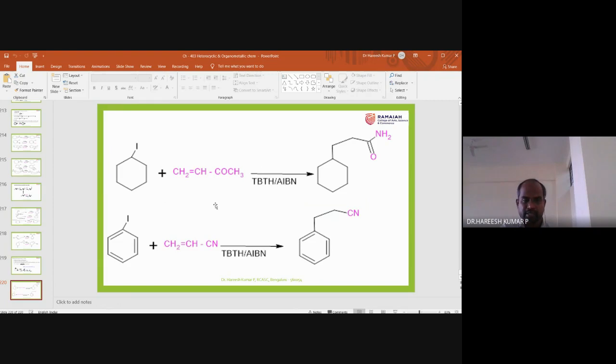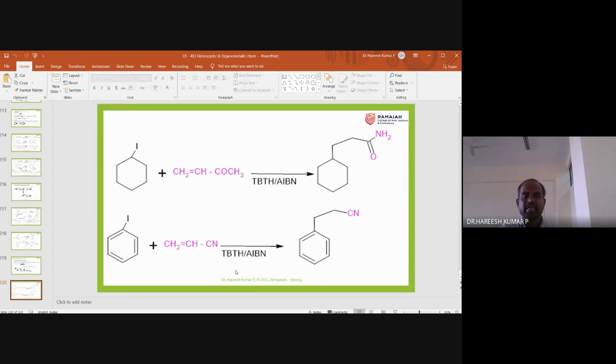You can write the mechanism. But here I am taking an aryl halide. This is the aryl group. So this aryl halide, when it is treated with acrylonitrile, the name of this compound is acrylonitrile. And then what is the name of this compound? Is it acrylamide? It's not an acrylamide. It's an acryl methyl ketone. Of course, you can also say vinyl methyl ketone, but this is acrylonitrile.